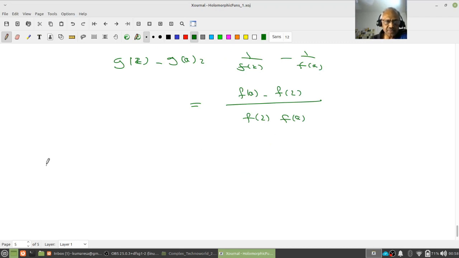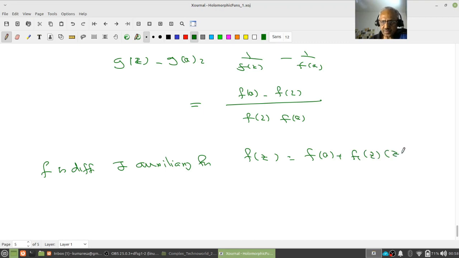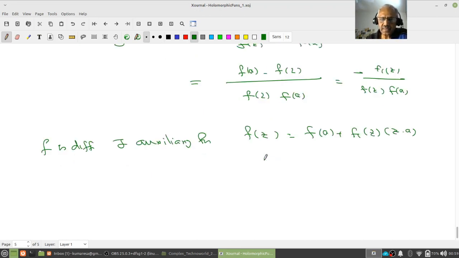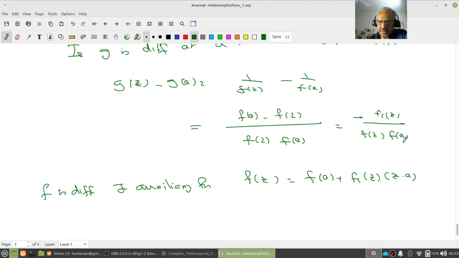But remember, since f is differentiable, there is an auxiliary function so that f of z equals f of a plus f1 of z into z minus a. Therefore this is nothing other than minus f1 of z by f of z into f of a, into z minus a. I should also write z minus a.